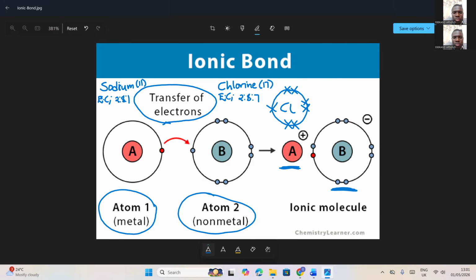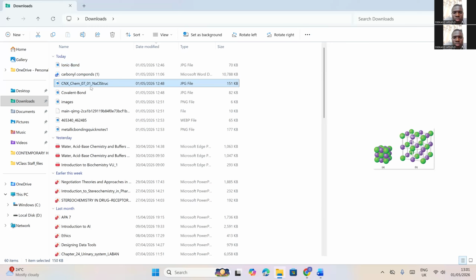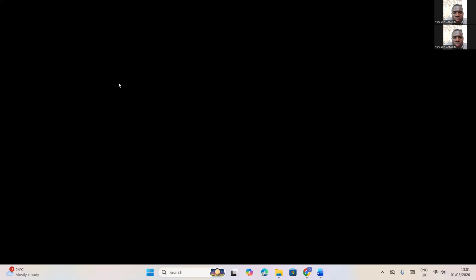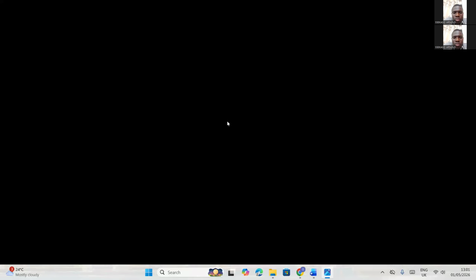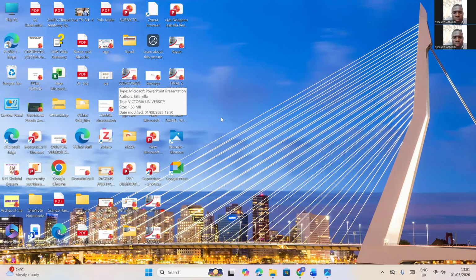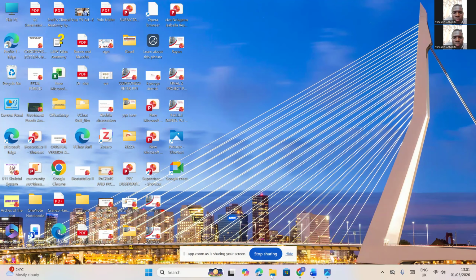Then, what else? The giant ionic structure. This is the giant ionic structure. It has disappeared.